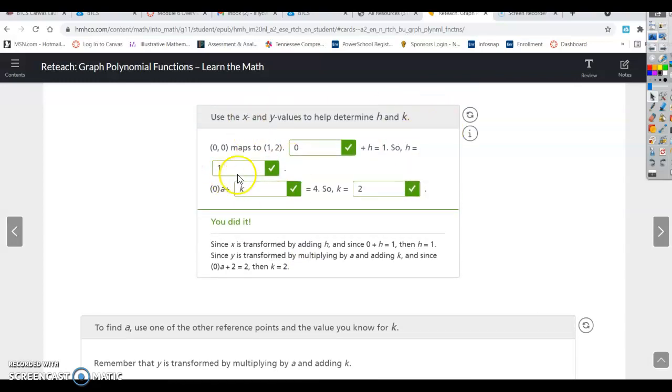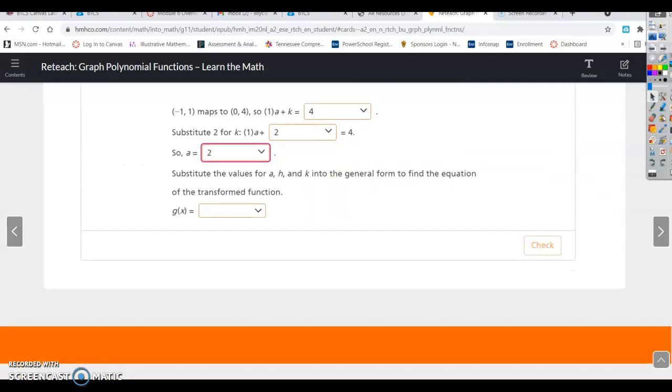So y equals a times, since a is 2, it's one of these. All of these have -1. We know it's a quartic function, so it has to be one of the last two. And then if we look back up, we can see that k is 2 as well.